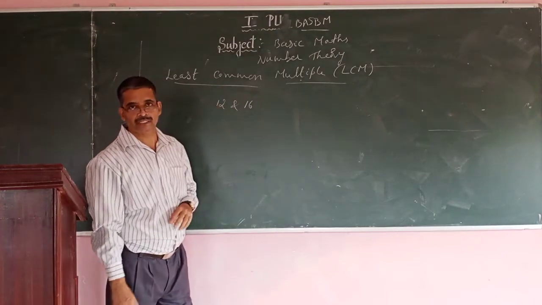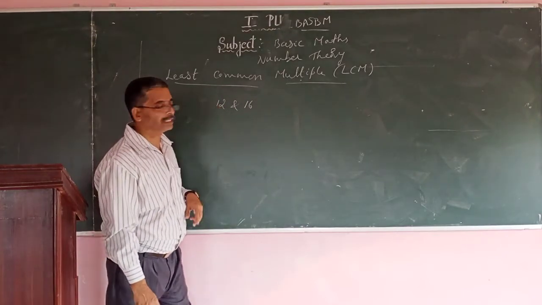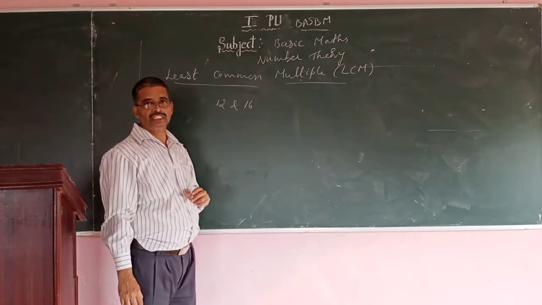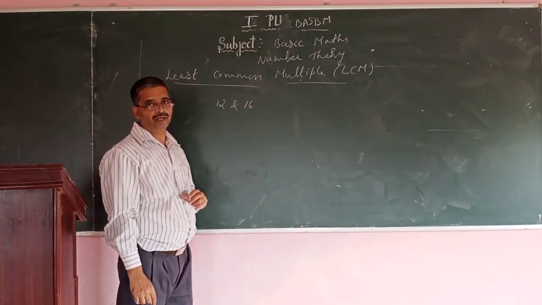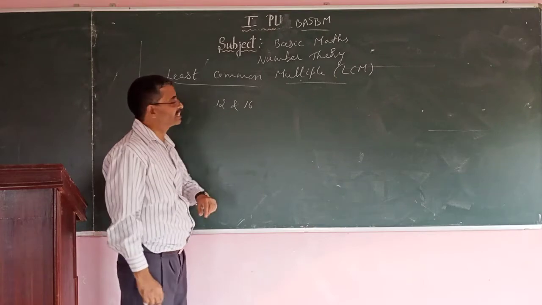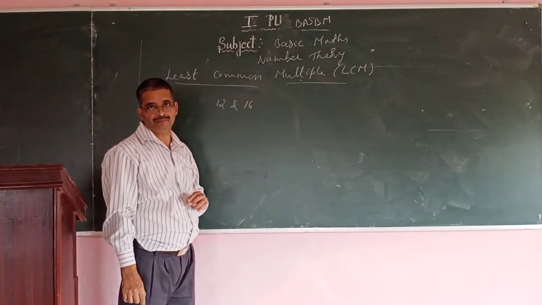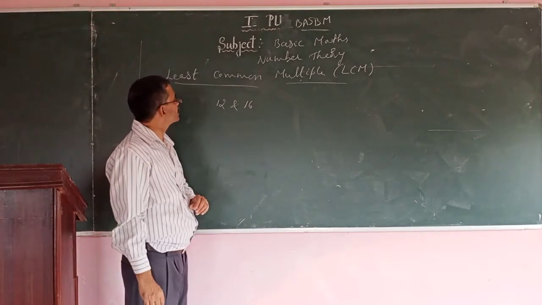Common multiple means it should be a multiple of 12, and it should be a multiple of 16. But the other condition is least. I will give some examples.